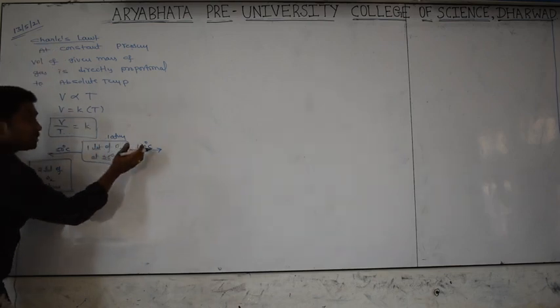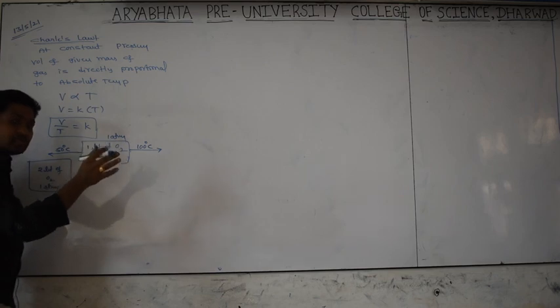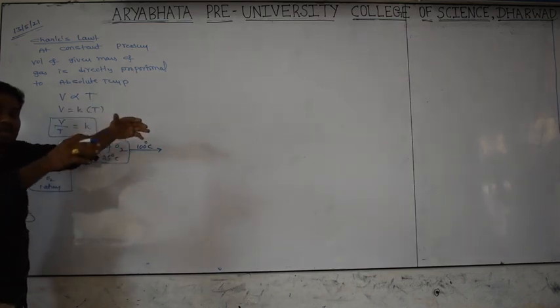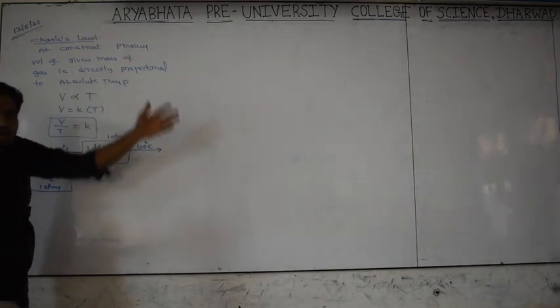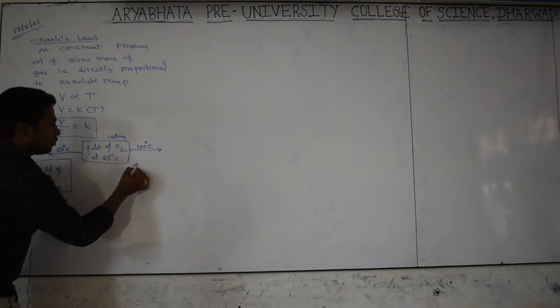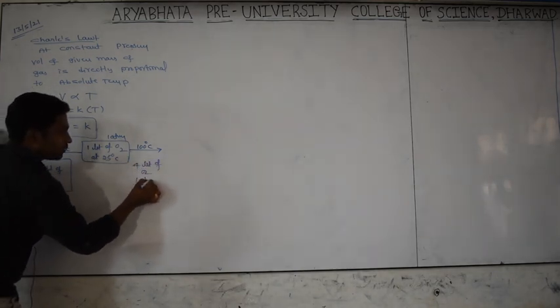Why? When you supply more energy, the kinetic energy of the gas molecules still increases. That's why they break the force of attraction between the molecules and go away from each other, so the volume occupied keeps increasing. It becomes like 4 liters of oxygen, but at 1 atmospheric pressure only.